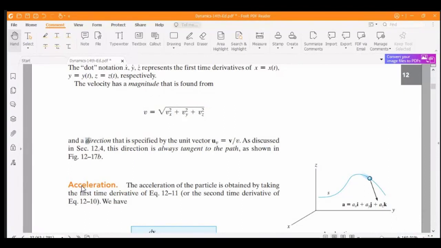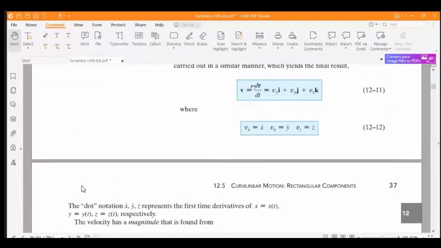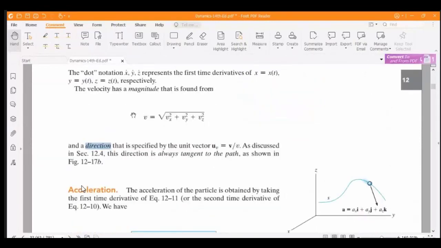So the direction only, if you want to find, what can you do? You have the velocity, total velocity. Divide the velocity by this magnitude. So what remains? Direction.